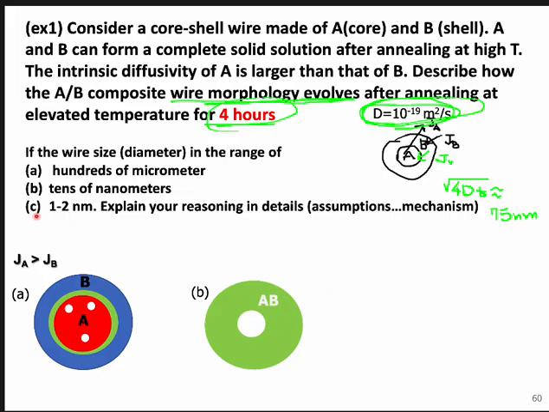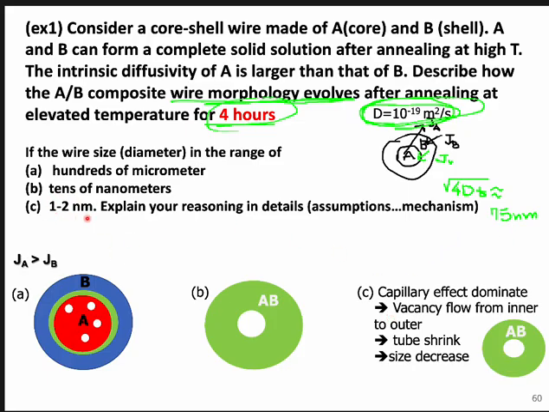But if the diameter is down to only 1 to 2 nanometers, that means probably within 30 minutes or less, we will have an AB hollow narrow wire. Because the diameter is only 1 to 2 nanometers, within 30 minutes or less the AB interdiffusion is complete.